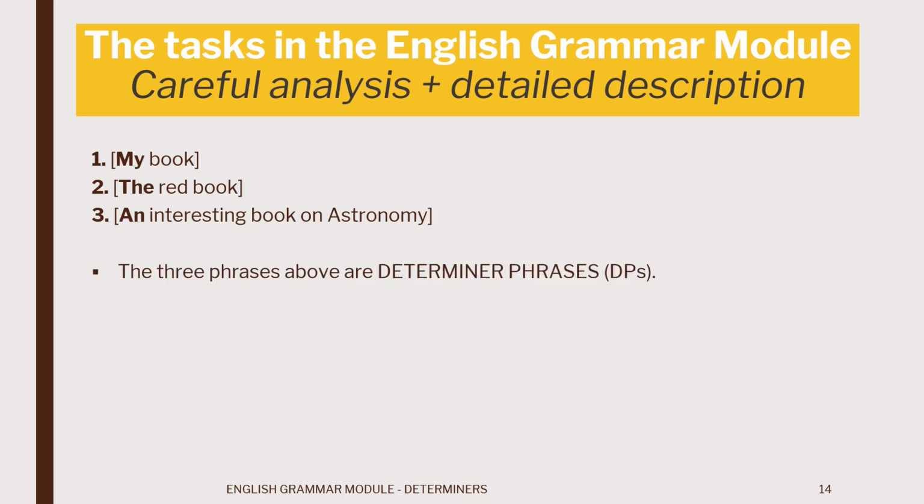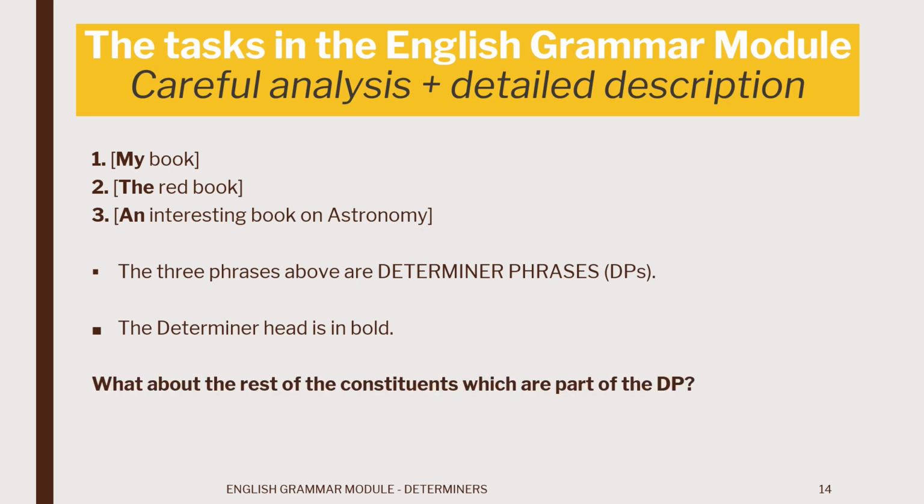You can see that the 3 of them are determiner phrases, and that the determiner head in each case is in bold. And you also know that we need to describe not just the determiner alone, but the rest of the constituents which are part of the determiner phrase. That is, these other elements which are part of the determiner phrase should be made part of the description as well. And this is what we are going to present in the following slides.